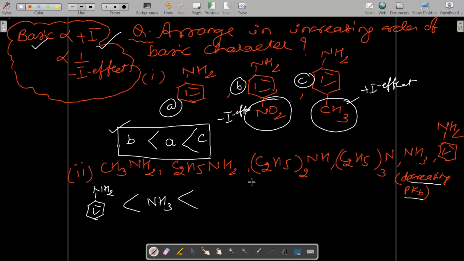In aqueous phase, between methyl and ethyl, obviously ethyl is more basic in nature. Here the ethylamine is primary, this is secondary, this is tertiary. In aqueous phase, we have just studied that the secondary has the highest basic character, then tertiary, then primary ethylamine, and then methylamine. So accordingly you can arrange. I hope it is clear.